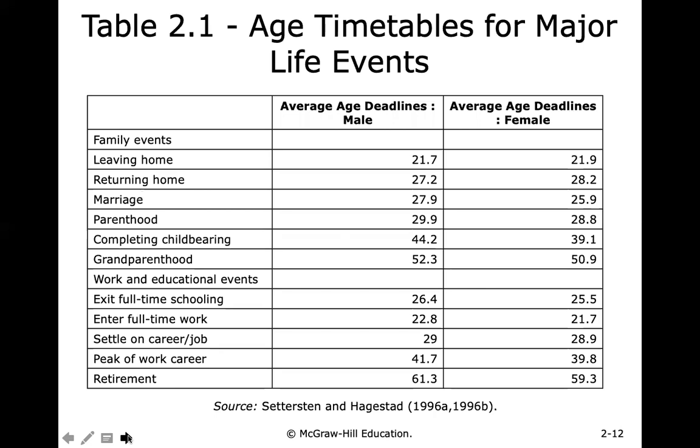So this is a 1996 study by Neugarten and Hagestad that is showing some of these age timetables. So this is 1996. This is pre many of you having entered the world. When did I graduate from law school? Yeah, Dr. Pitt graduated from law school in 1996.